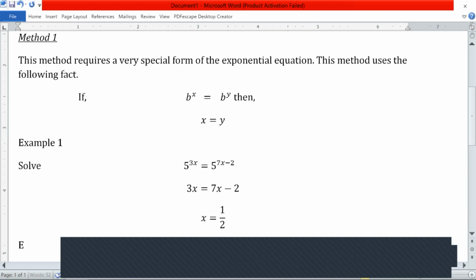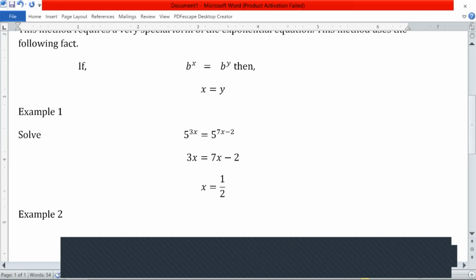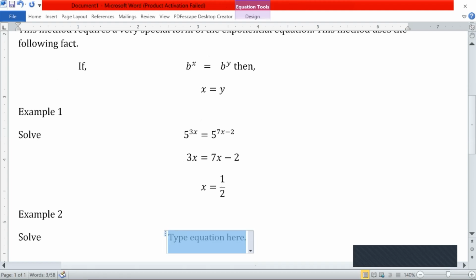Here's another example. Example 2. Solve 4 to the power of t squared is equal to 4 to the power of 6 minus t.